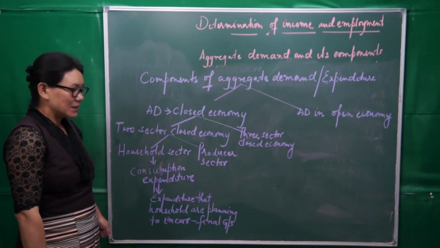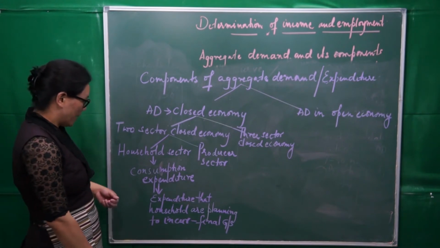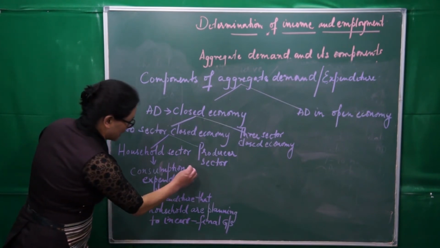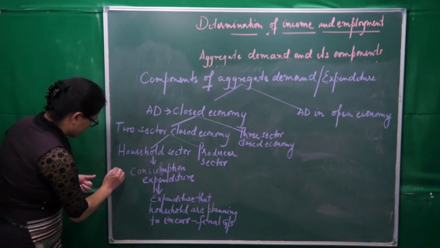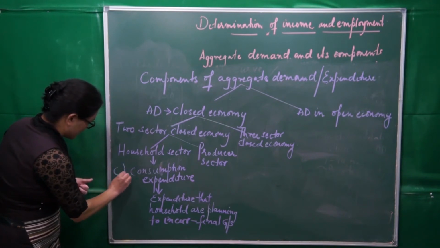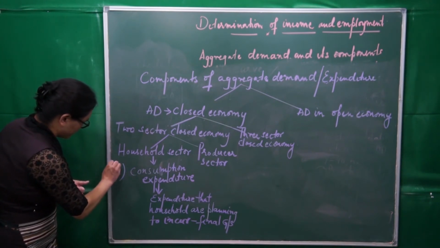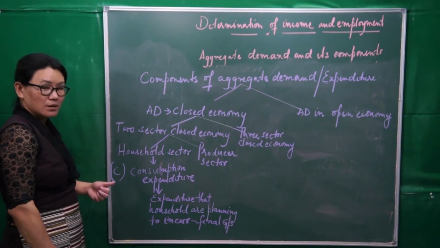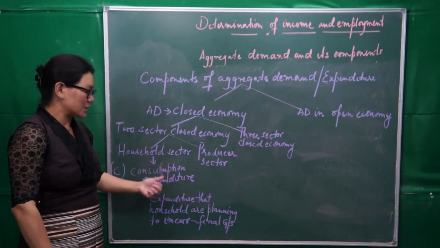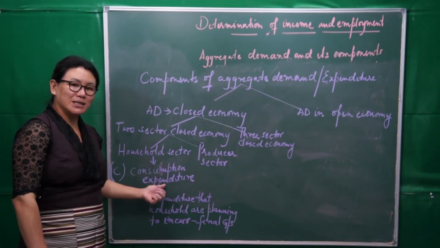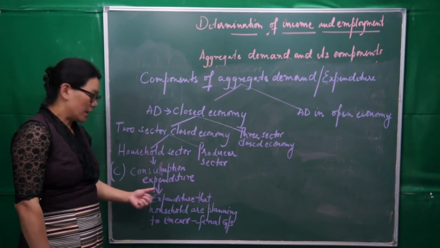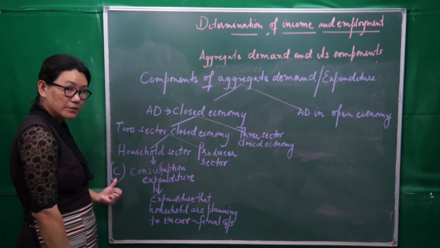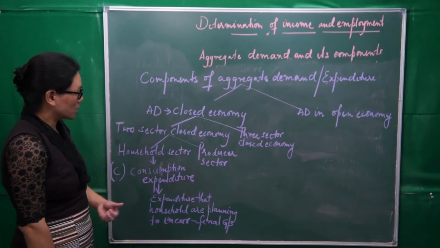And this one is indicated by C. Household consumption expenditure is indicated by C here. All right. Okay, one thing.